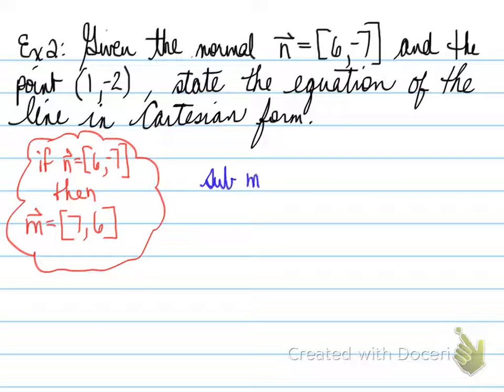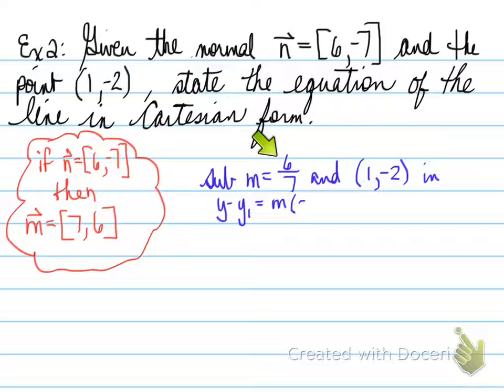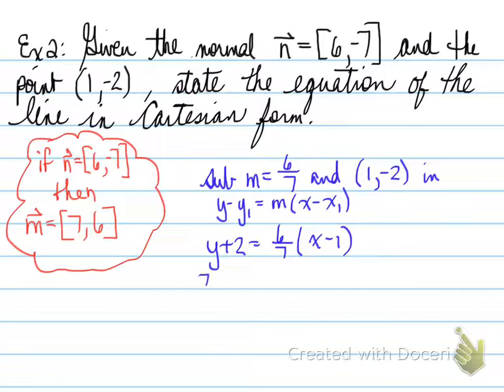And so what we can do with this is get the regular slope, which is 6 over 7, and the point, and we can plug it into the equation. Why do we need to plug it in the equation? Well, what we need here, folks, is our Cartesian equation in such a way that we can find the values.